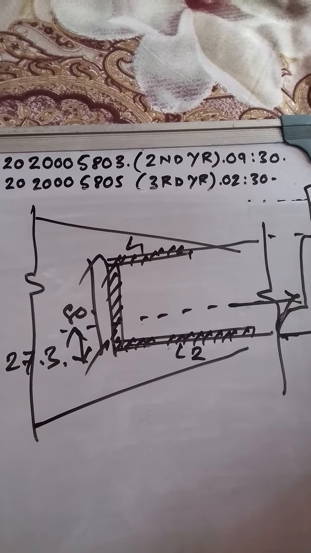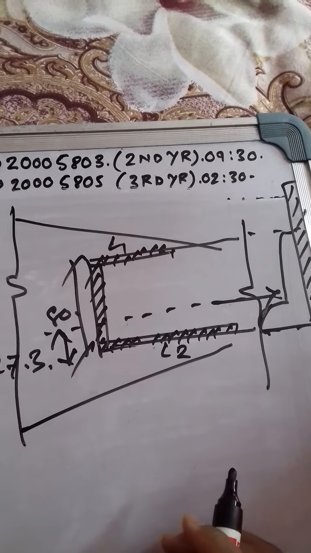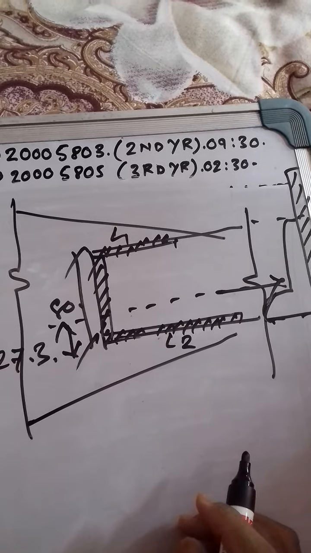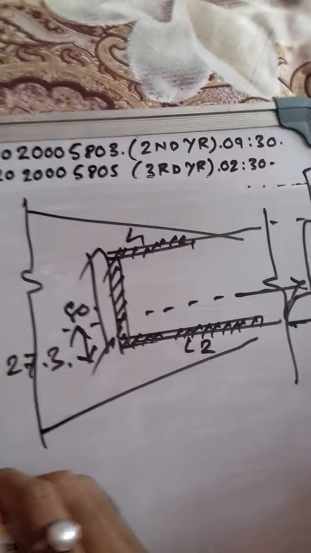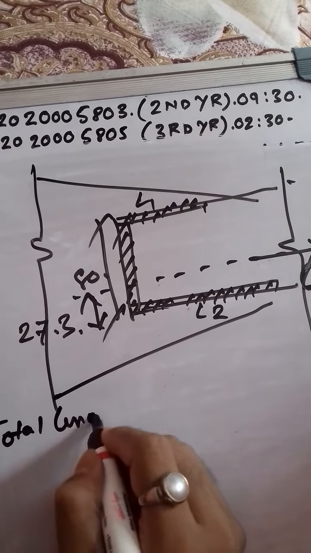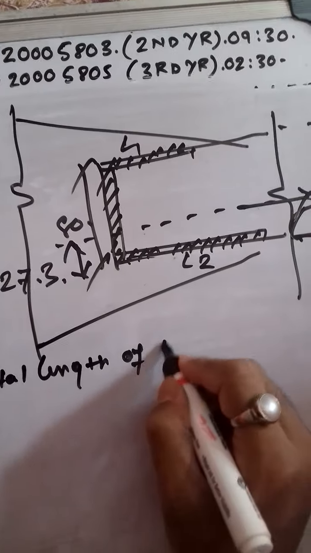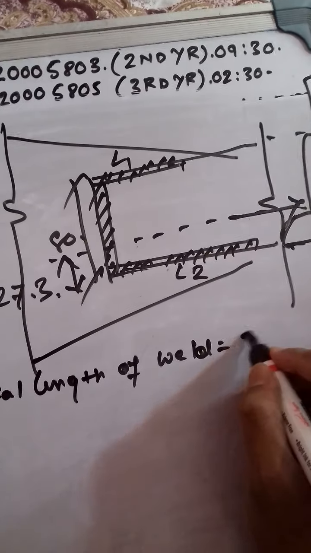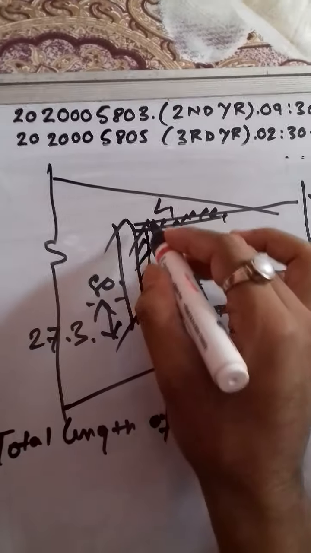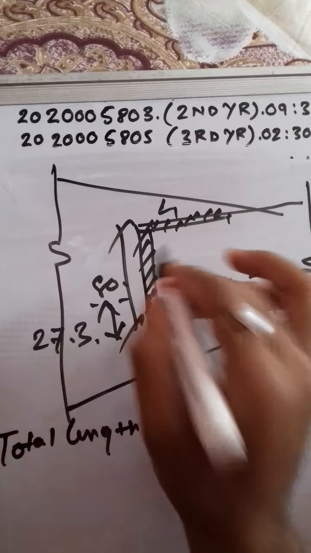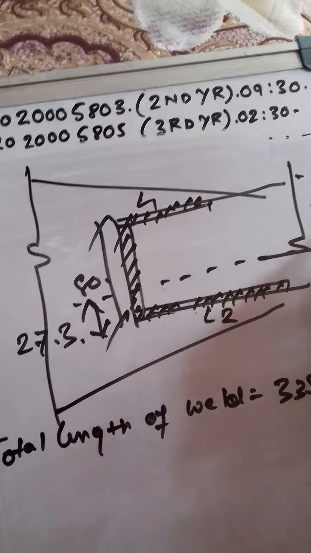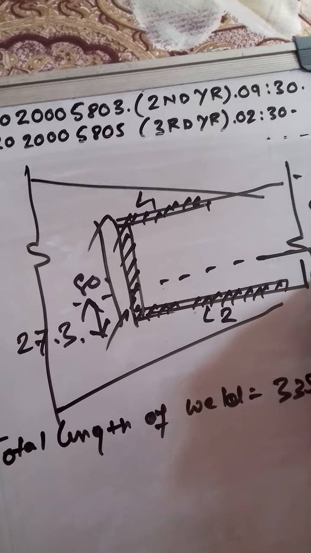Now the total length of the weld is equal to 335.25. We know that this third side is equal to 80 mm, because this is the angle. Properties of the angle: 80, 50, thickness 8.